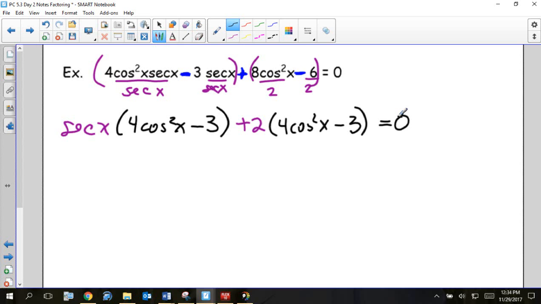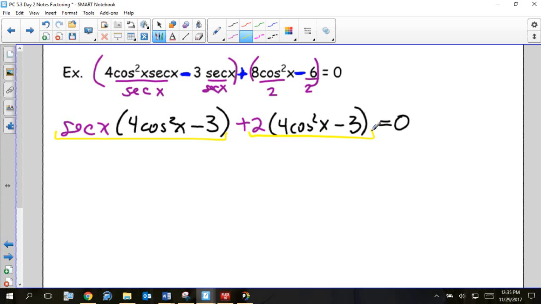If you're doing factor by grouping, we need to be able to factor it further. After you take something out like that, you need to be able to factor it further. And at this point, we have 2 terms. So then we think about factoring the 2 terms. What are our choices for factoring 2 terms? First thing is always GCF. So we're going to look at the 2 terms. Is there something in common?